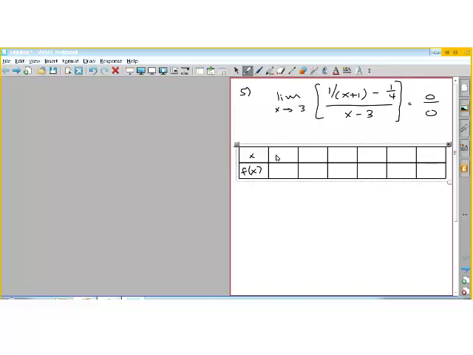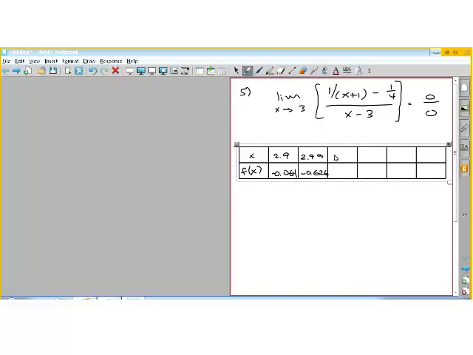Let me write these numbers in. For 2.900, we have negative 0.064. We'll go second enter to get the equation back, and put 2.990 in there. Push enter, and we get negative 0.0626.